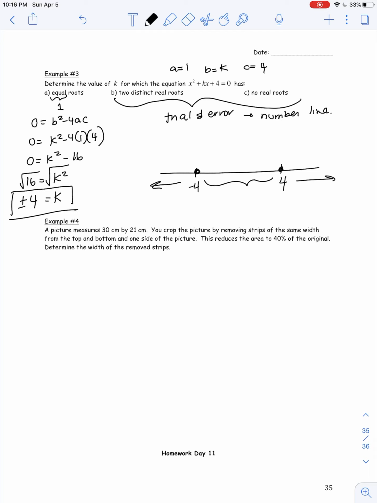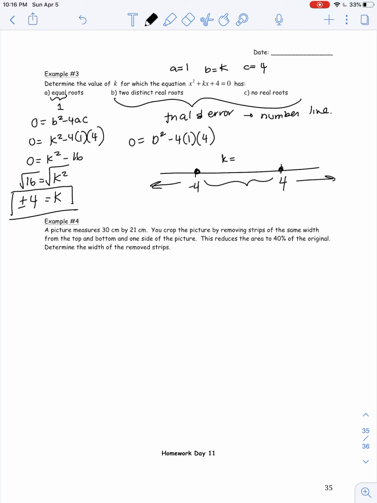So we're going to do something called trial and error. We're going to fill in, well, what if our k is equal to 0, because that is in between. So if k is 0, let's see what happens. We know that the graph, in this case, we're going to solve for it. 0 equals 0 squared, so we're filling in k with 0.